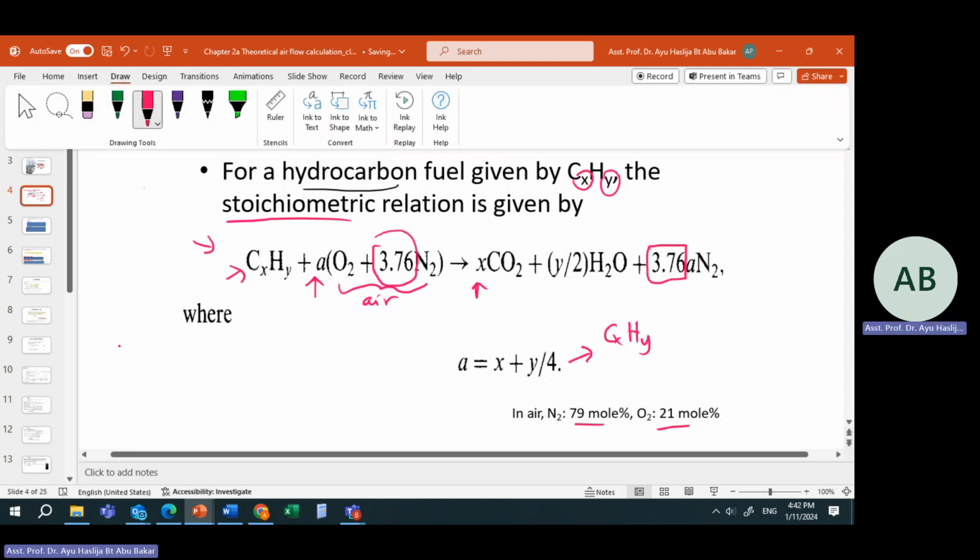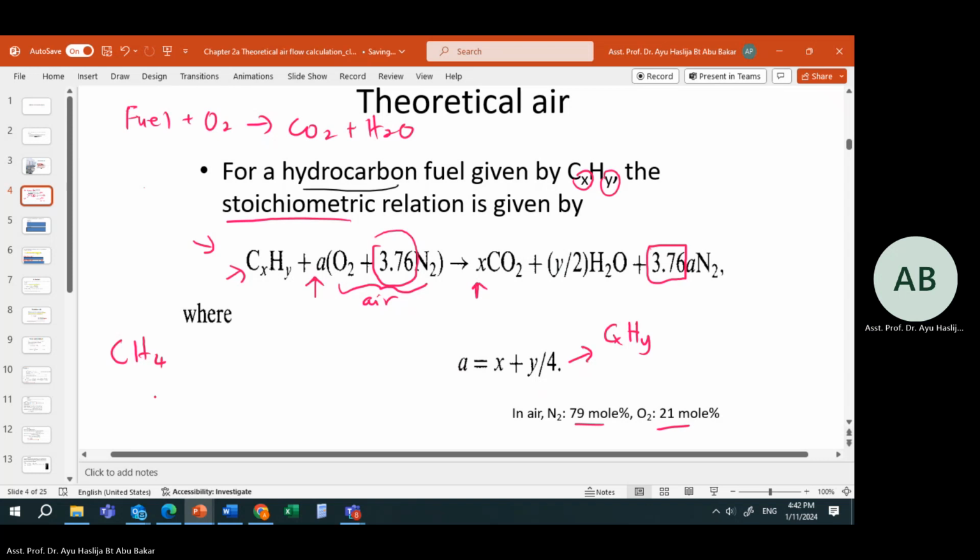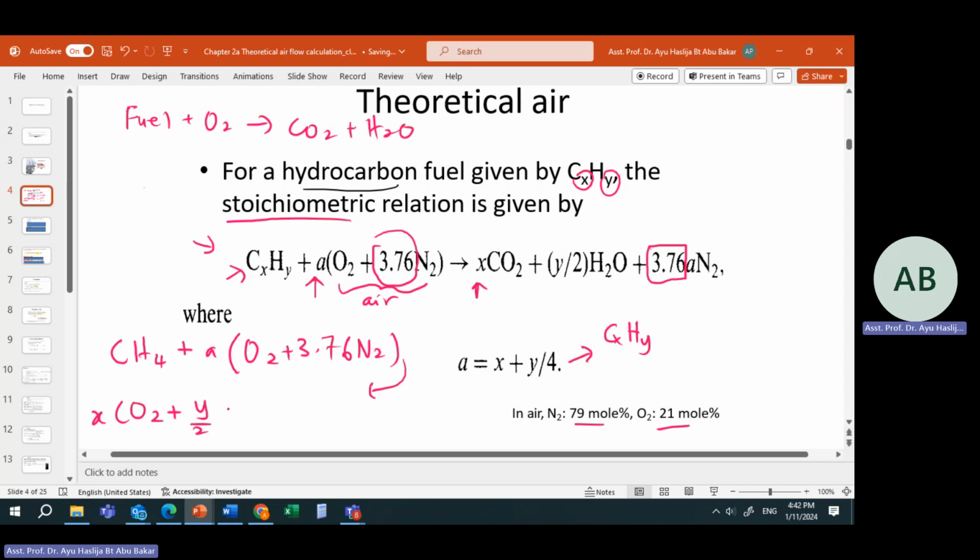Okay, let's say you ada CH4, methane, react dengan air. A O2 plus 3.76 N2 equals to X CO2 plus Y over 2 H2O plus 3.76 A N2. Okay, from here kita boleh cari A ni based on X, Y over here.